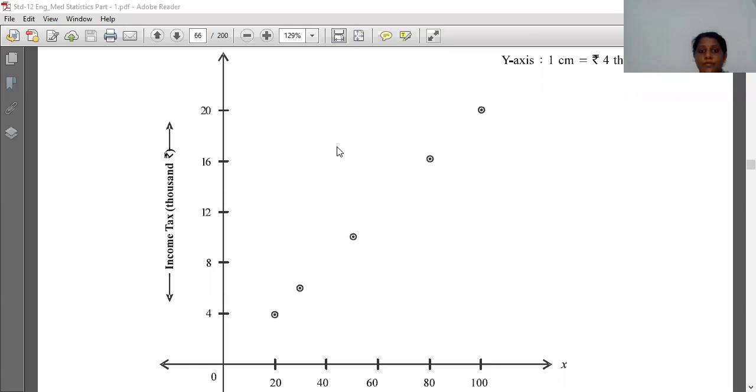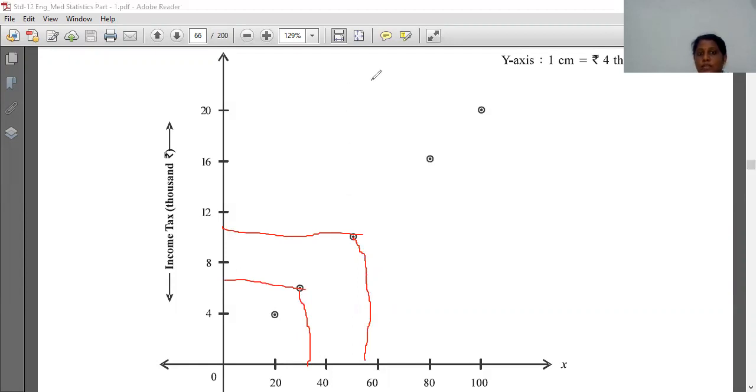Wait, I will show you. See, the first one was 50, somewhat here, 50. Correctly it is not coming, but still I tried to do it. Then 30 and 6, something will come here, 30, like this, right?